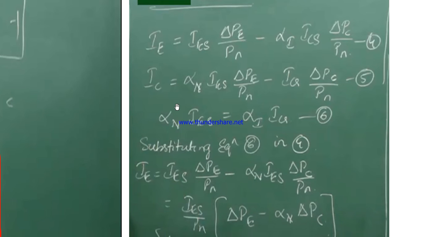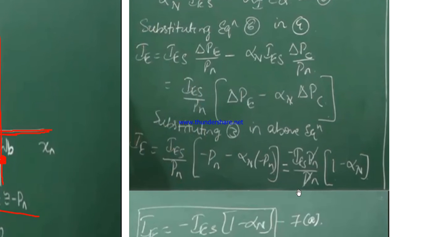Rewriting this equation, IE is equal to IES delta PE by PN minus alpha n IES delta PC by PN. If I take IES by Pn as common, then the left out part is delta PE minus alpha n delta PC.